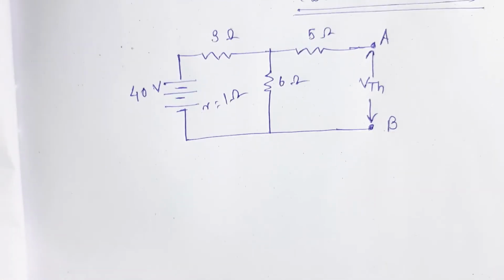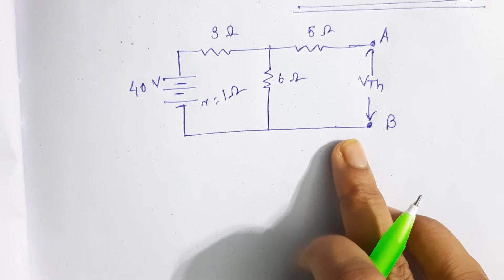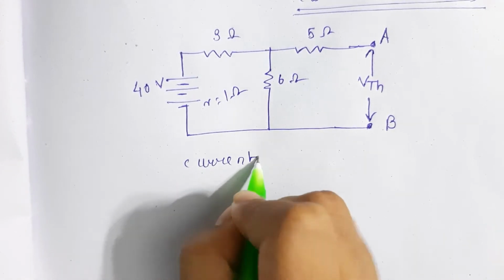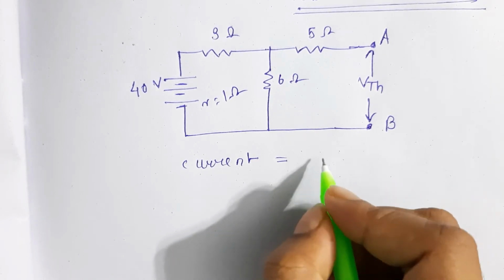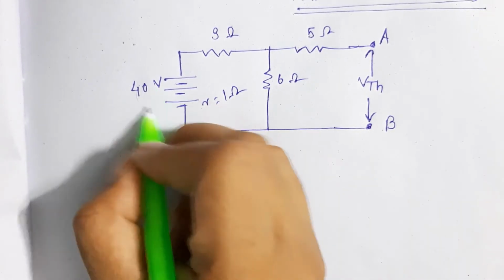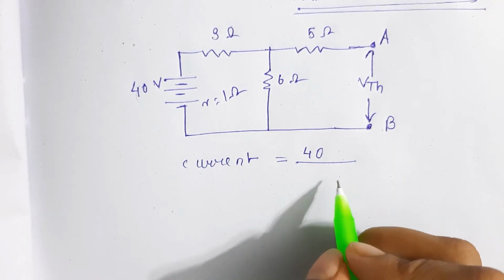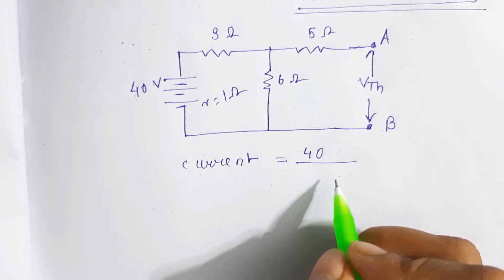When we find VTH, let us first find the current which is flowing. The current will be 40 volt divided by the total resistance.